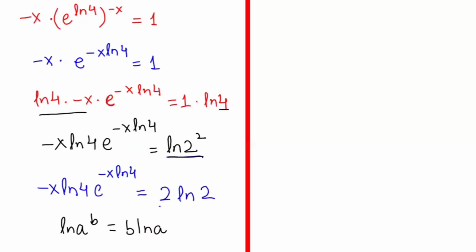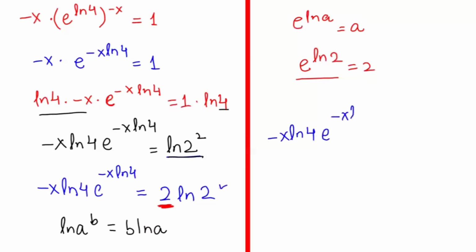Again, I will use the same e to the power of ln of a is equal to a. E to the power of ln of 2 is equal to 2. So in replacement of this 2, I will write e to the power of ln of 2. So this will turn to -x ln of 4 times e to the power of -x ln of 4 is equal to e to the power of ln of 2 times ln of 2.